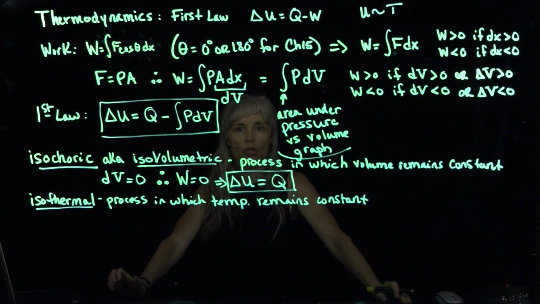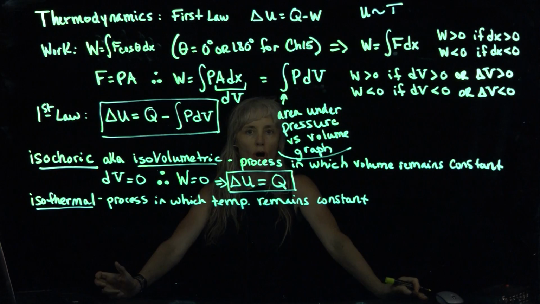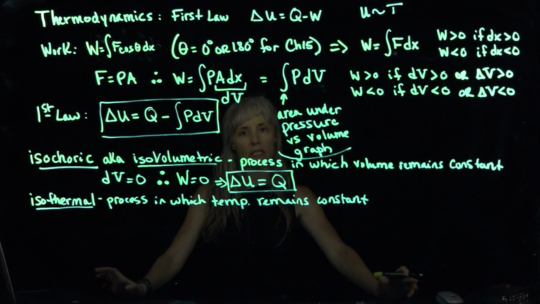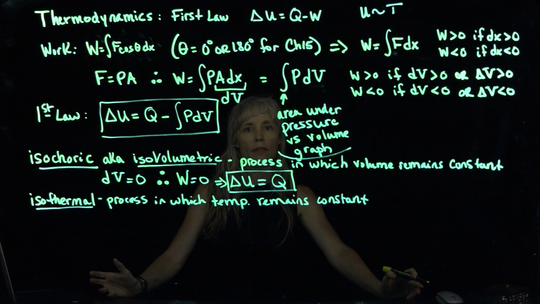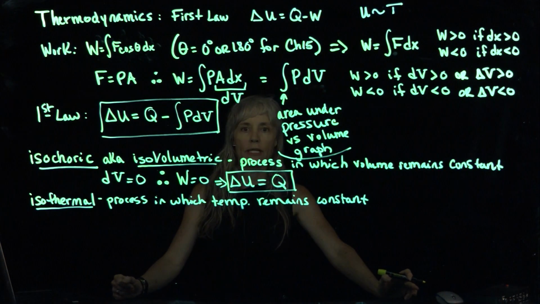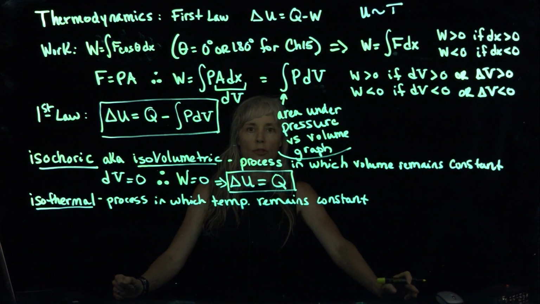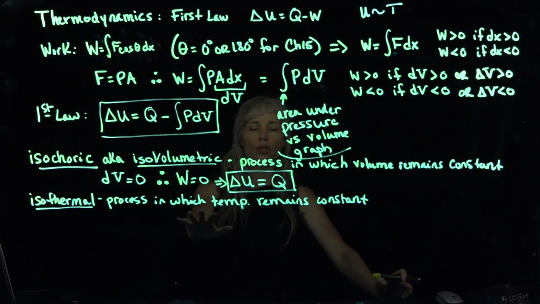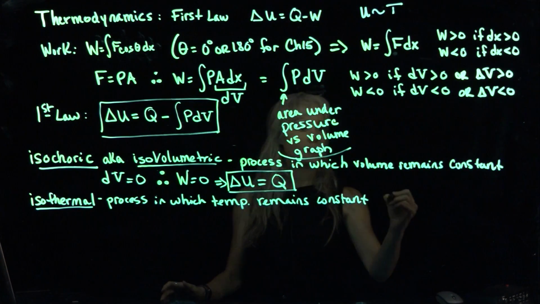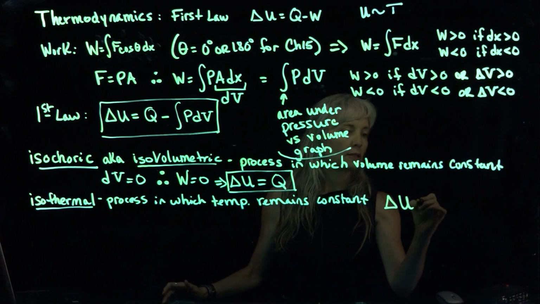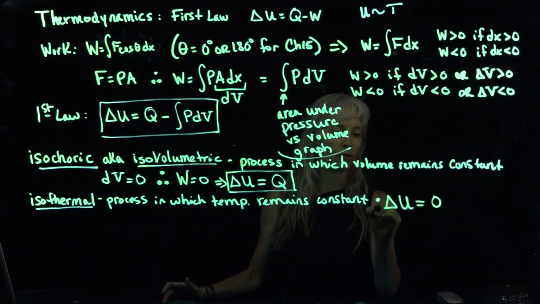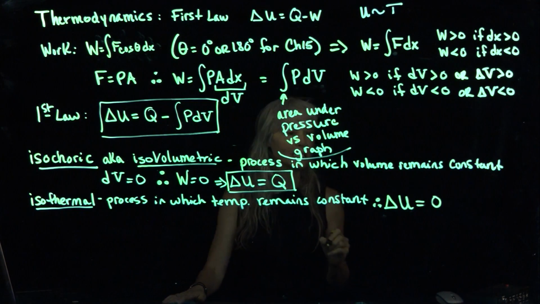So the temperature that you read on your thermometer is a measure of the internal energy of the system that the thermometer is in contact with. So if the temperature isn't changing, then the internal energy is not changing either. So delta U is 0.